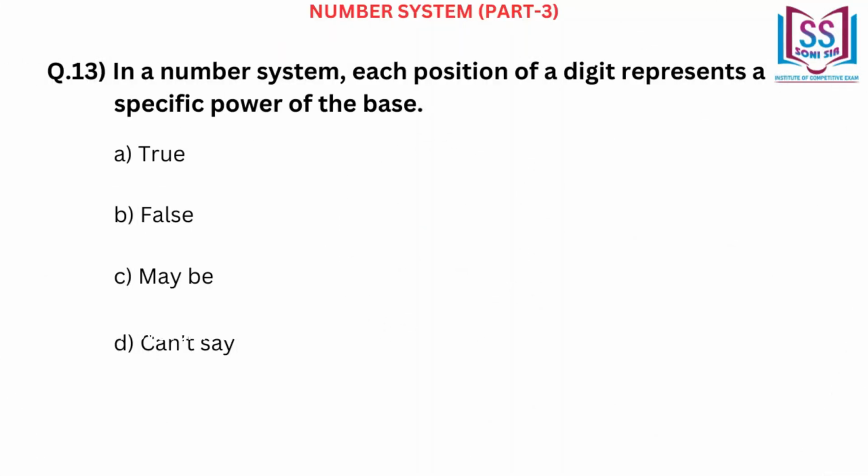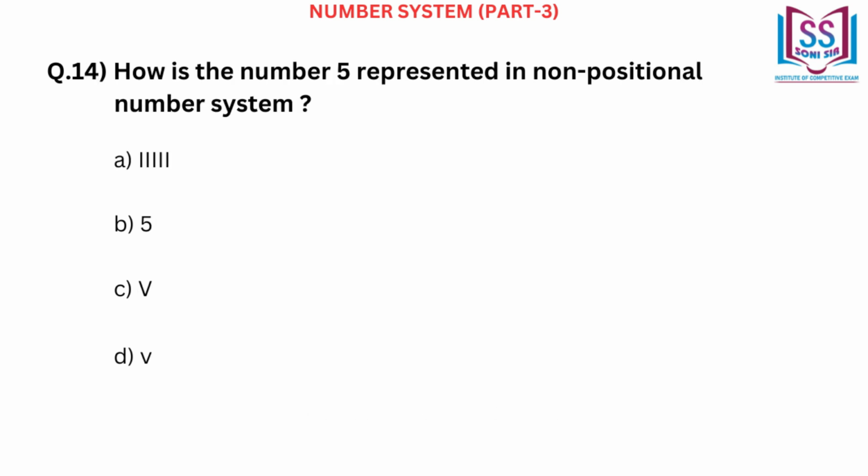In a number system, each position of a digit represents a specific power of the base. A true, B false, C maybe, D can't say. Correct answer A true. How is the number 5 represented in non-positional number system?